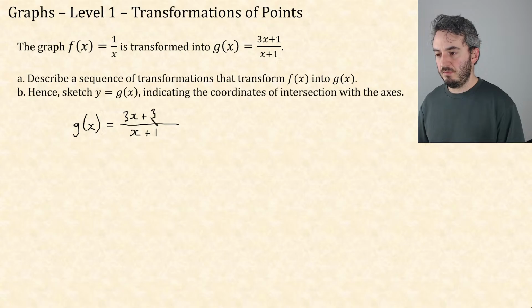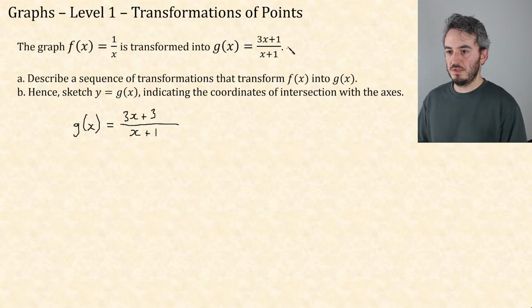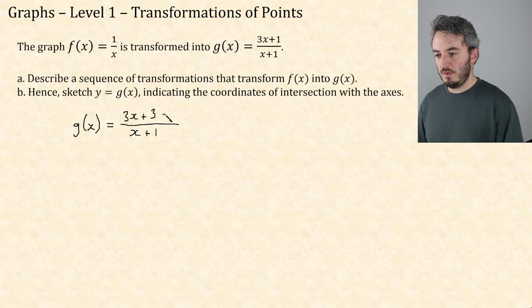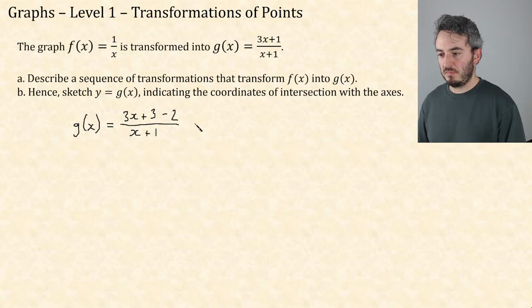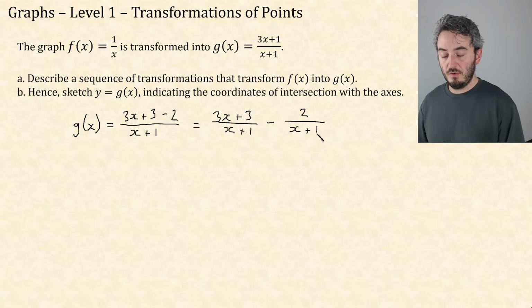So 3x plus 3, but of course that's not what it was. It was 3x plus 1, so I do a little correction here. Then I split this up into 3x plus 3 over x plus 1 minus 2 over x plus 1.